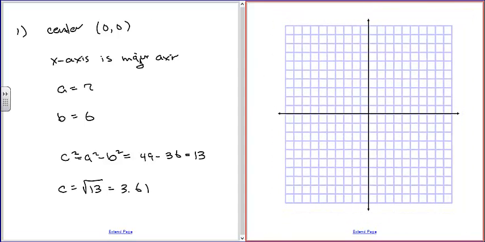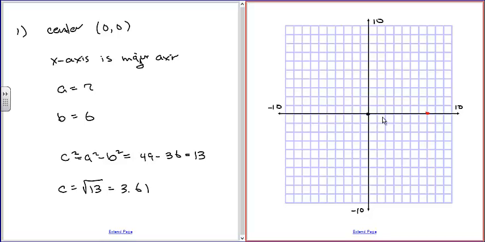Okay, so plot the center. That's the origin. Now the major axis is the x-axis, and let's make sure we label the axis here. So this is 10, 10, negative 10, negative 10. So you go 7 units. 1, 2, 3, 4, 5, 6, 7.